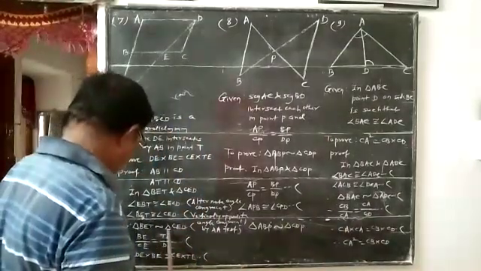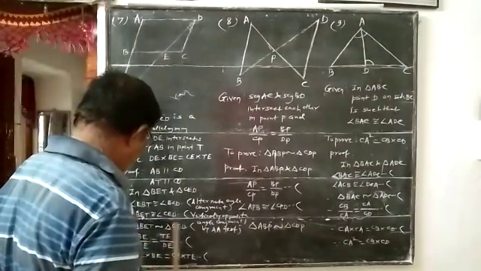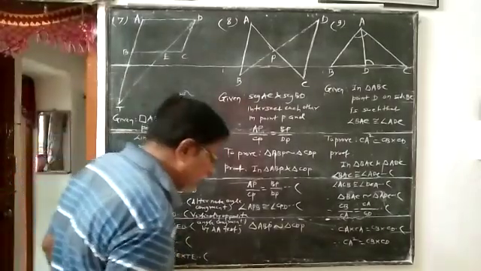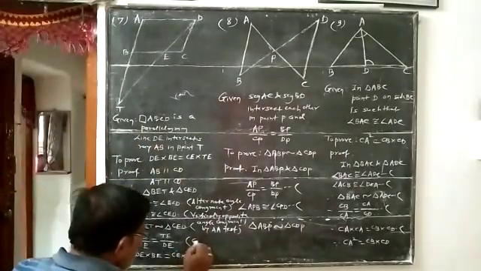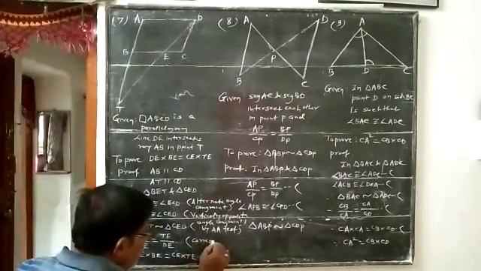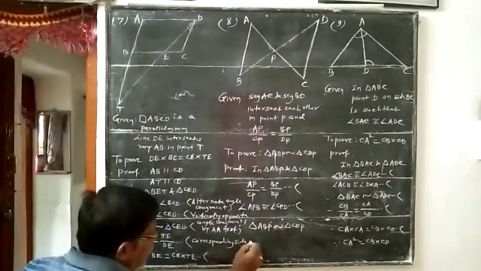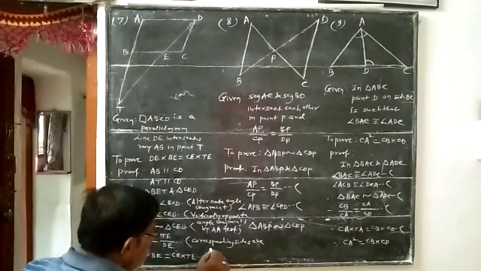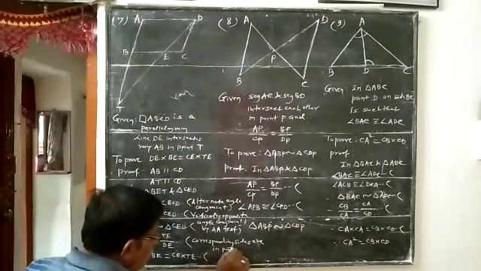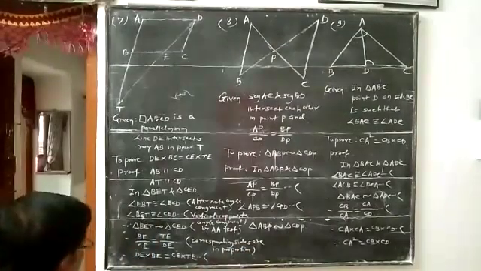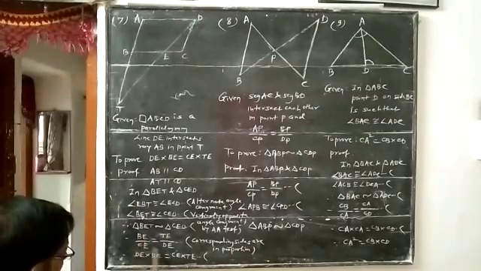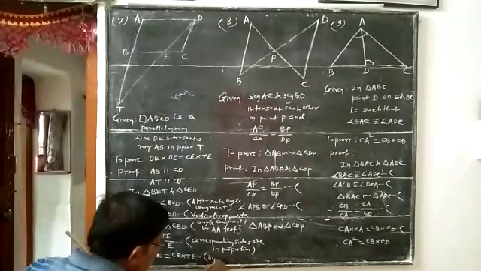Then taking cross multiplication, DE into BE is equal to CE into TE. We get the proof by cross multiplication.